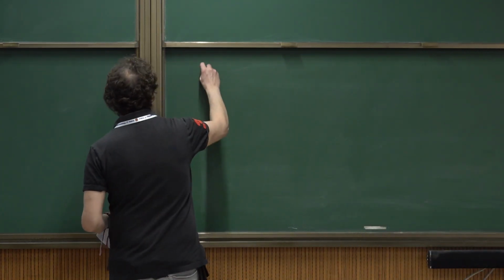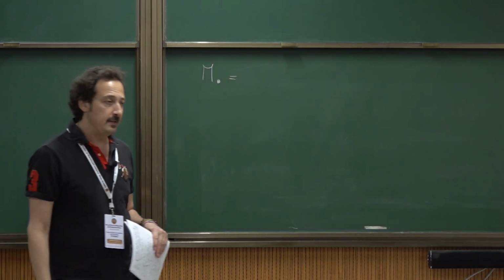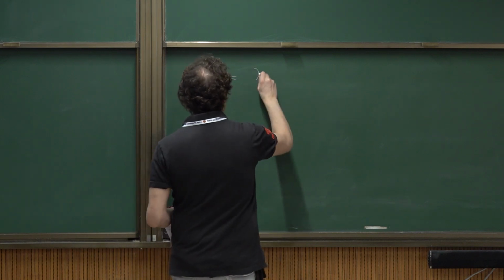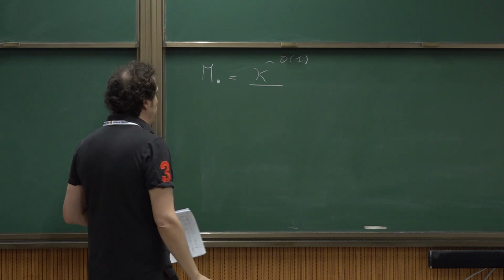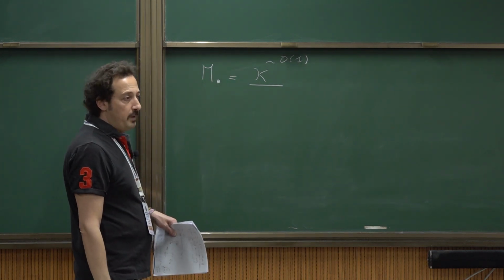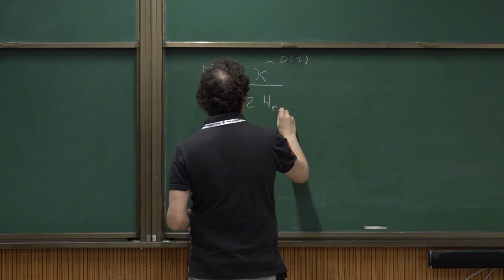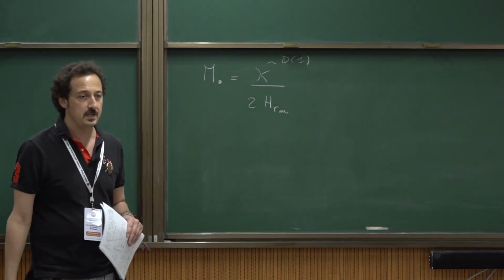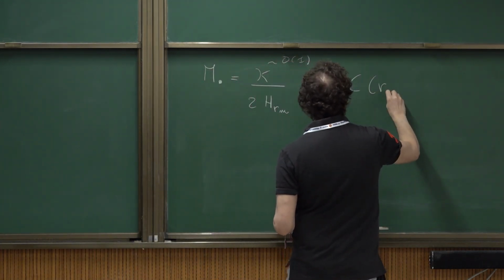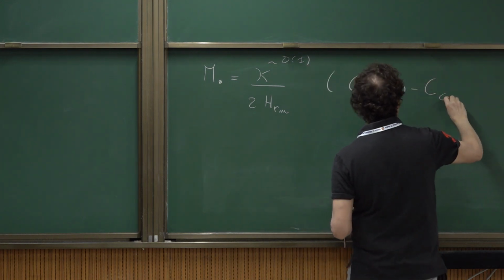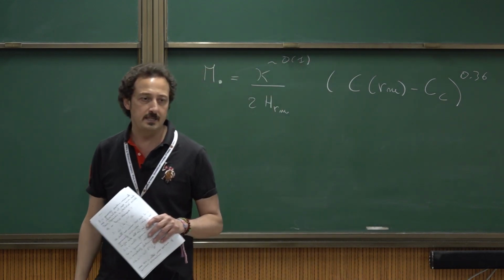And for this reason, the mass of the black hole, this is the numerical input, follows a self-similar solution, which is a constant, which is order 1, and which is weakly dependent on the shape of our compaction function, times the over density divided by 2 times the Hubble scale when the maximum of the compaction function crosses the horizon, multiplied by the compaction function at the maximum minus the compaction function critical to the power 0.36. So this is the mass of the black hole.